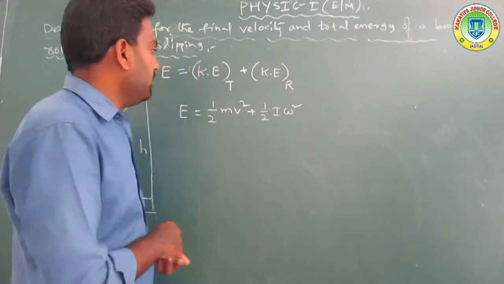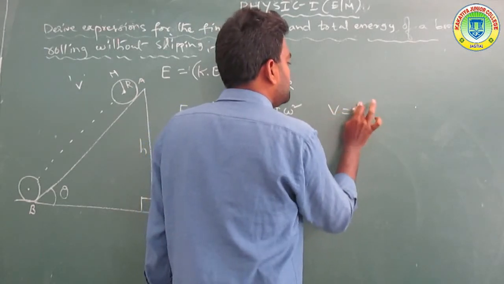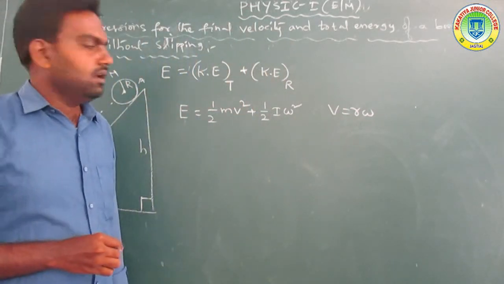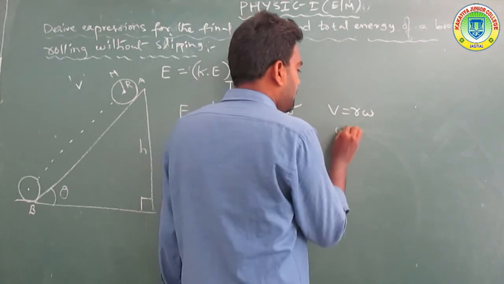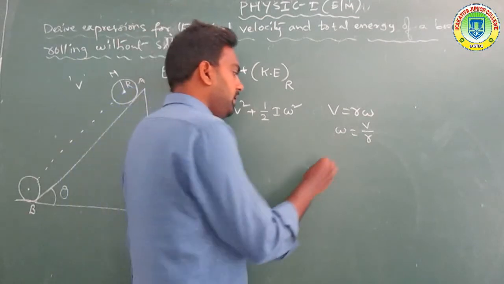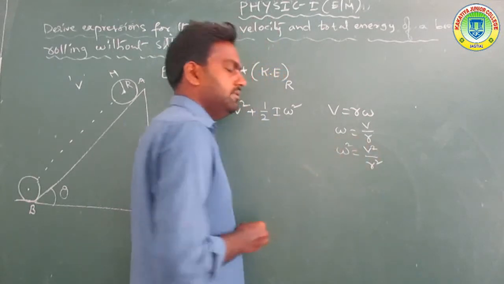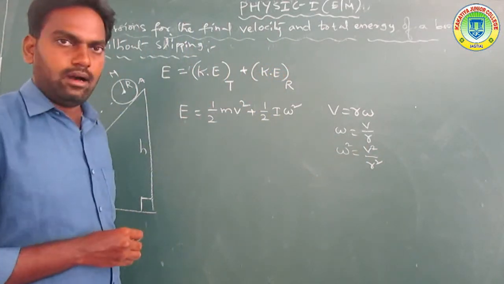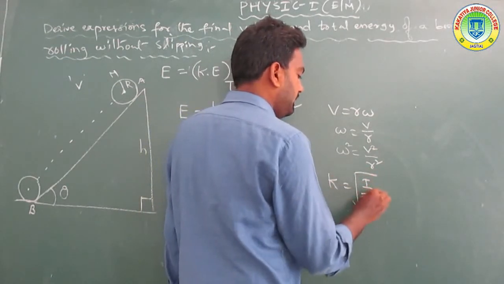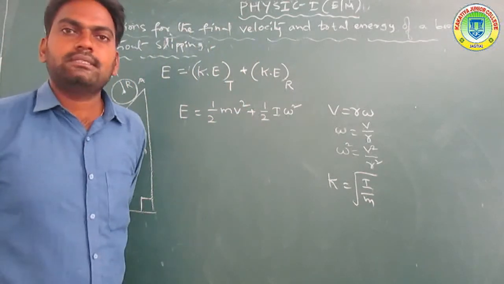Now we already know v is equal to r omega. So omega is equal to v by r, and omega squared is equal to v squared by r squared. Also, K is equal to the square root of I by m, where K is the radius of gyration of the body.